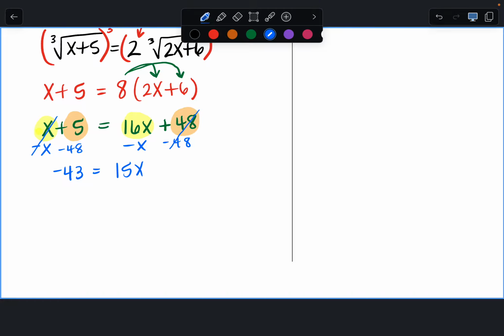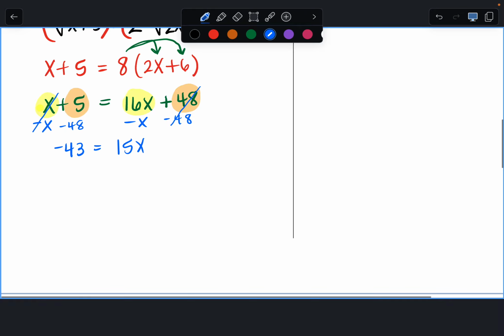And then when I have positive 6x over negative 6x, that's going to give me a negative 1. Another common mistake that we see for problems where you're factoring is people will say 6x over 6x is 0. If you see the same number in the numerator and the denominator, it's equivalent to 1. It doesn't just completely cancel out and go away and disappear. So I have 2x minus 1.